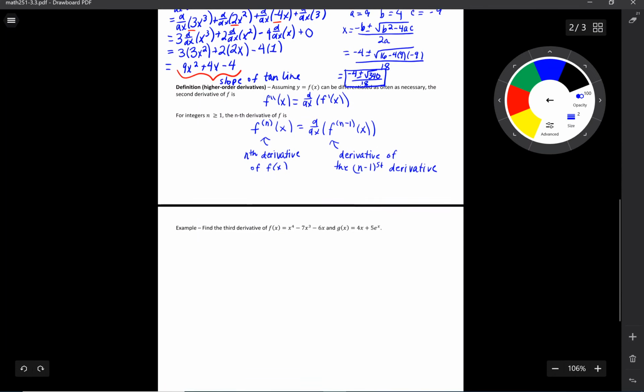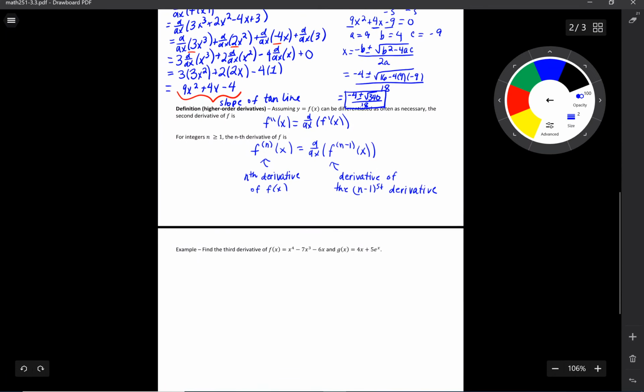All right, so we want to find the third derivative of these two functions: f of x equals x to the power 4 minus 7x cubed minus 6x, and g of x equals 4x plus 5e to the x. I first have to take my first and second derivative in order to find the third derivative.